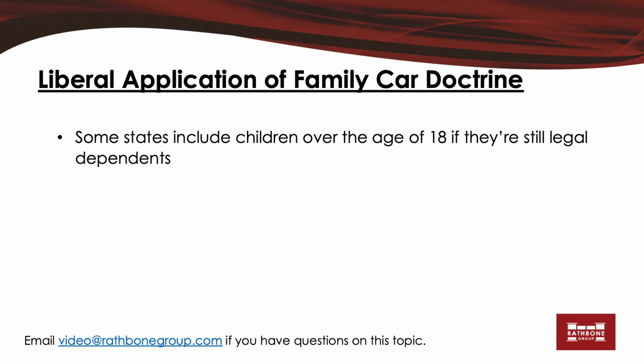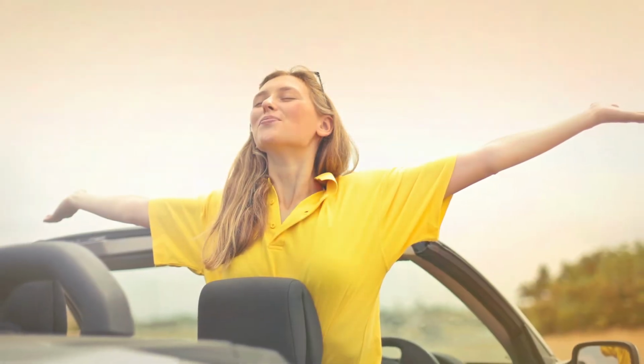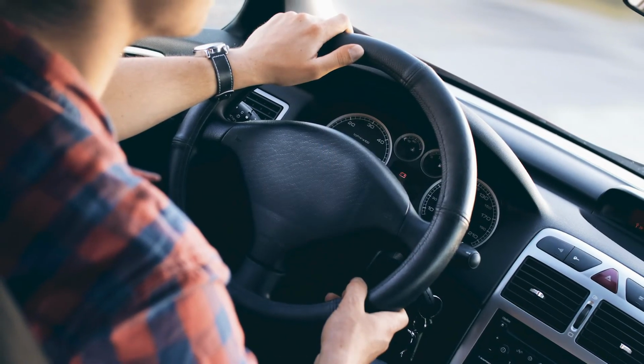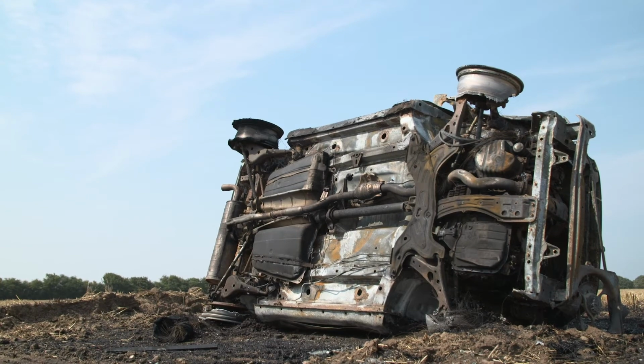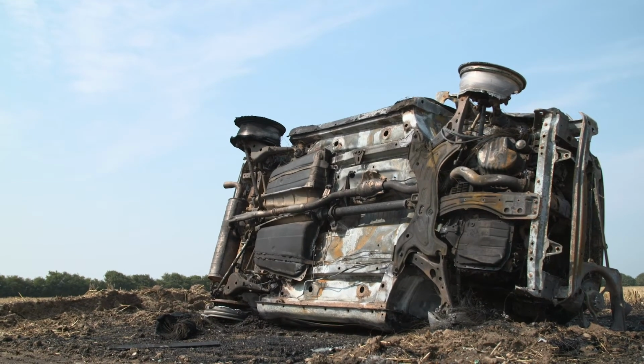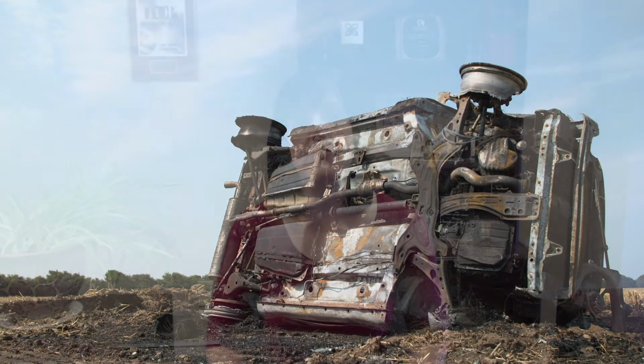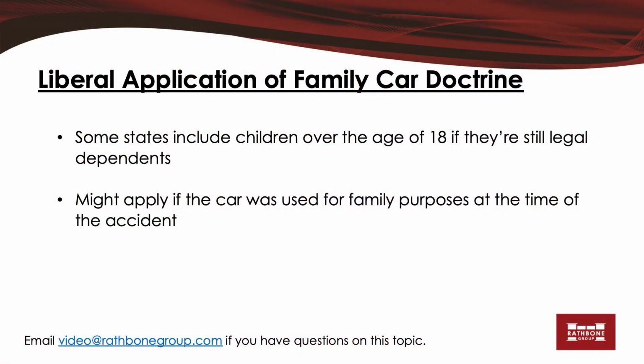So, for example, a student in college that's home for the summer, if they were driving the family car, then liability could be imputed to the owner under those circumstances. And some states are very liberal about this because even if it was a car that was purchased for commercial reasons and is even used for commercial purposes, sometimes they'll apply the Family Car Doctrine if the car is permitted to be used for family purposes, and of course it was at the time of that accident.